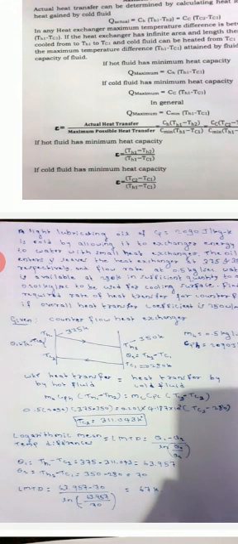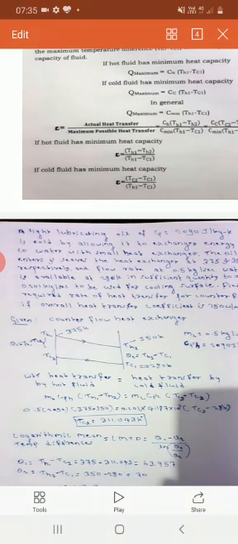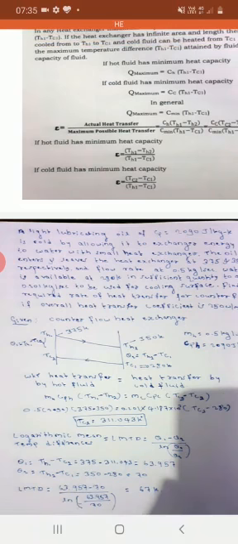Similarly, theta 2 is Th2 minus Tc1, that is 350 minus 280, which is 70. Then we substitute in the above equation: the logarithmic mean temperature difference is theta 1 minus theta 2 divided by ln of theta 1 upon theta 2, which is equal to 67 Kelvin.